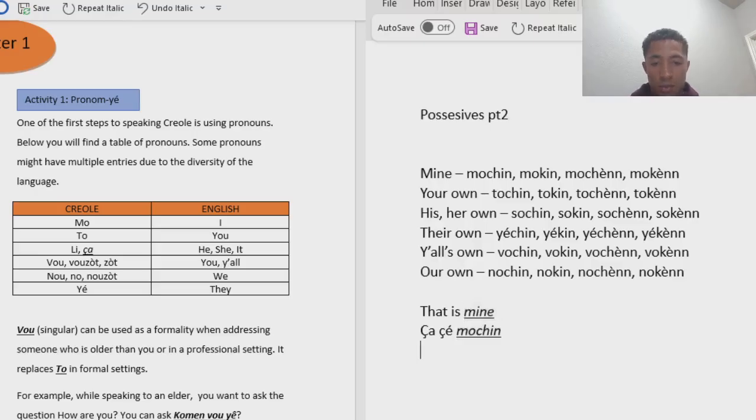Or you could say something like, mon chen la maison. My own house. Do y'all want to practice that? Who am I kidding? Yeah, we're going to practice that.